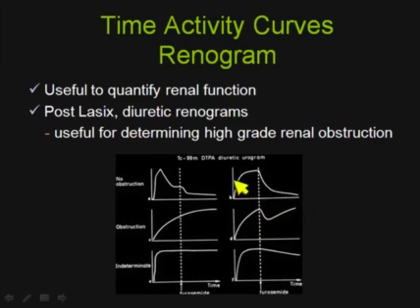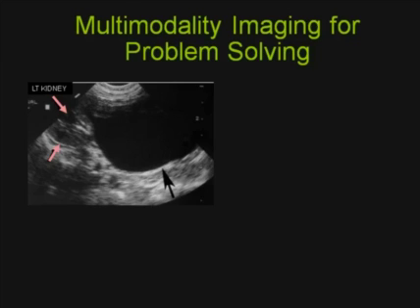In the normal situation, we'll see the peak and then the progressive rapid decrease in the radiopharmaceutical. In the case of obstruction, that doesn't happen, and actually the reverse happens, but there are some that are indeterminate because of extreme dilution of the radiopharmaceutical or poor renal function.